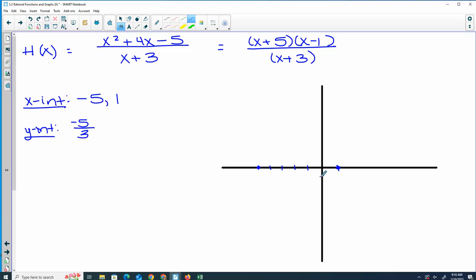So I hit the y-axis at negative 5/3. How do we do vertical asymptotes? We get x equals negative 3.